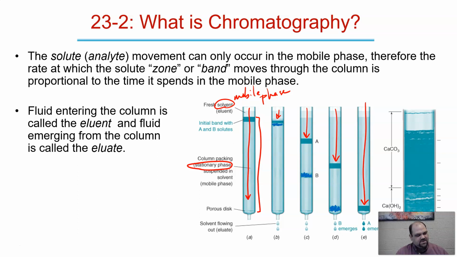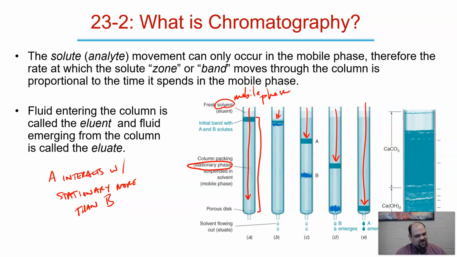Right? And so clearly, between these two, component A interacts with the stationary phase more than B. Right? Whatever compound B is does not interact very much with the stationary phase. He pulls right through.